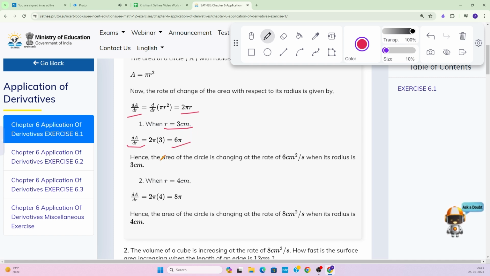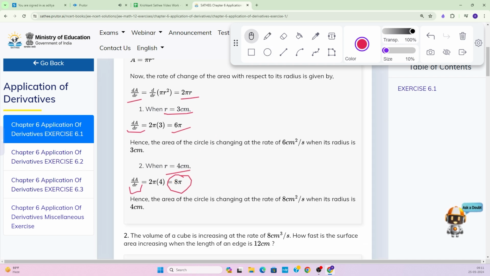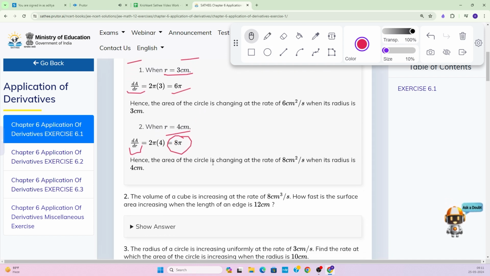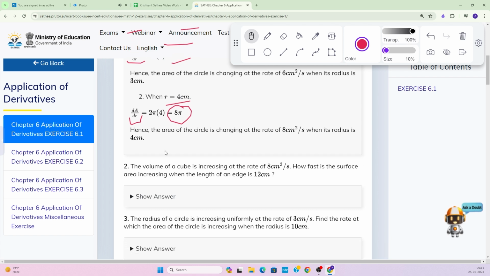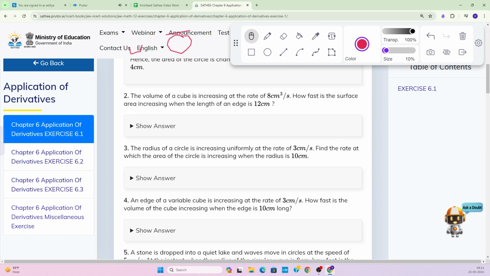Now for the second part, when r is equal to 4 centimeter, the rate of change of area with respect to r will become 8 pi. Clear? So the rate of change of area when r is 4 centimeter will be 8 pi centimeter square per second.